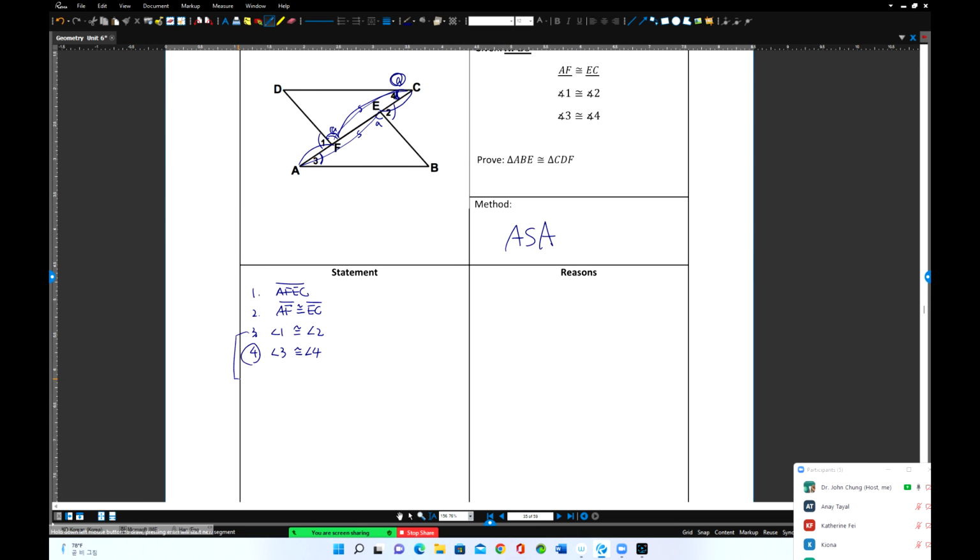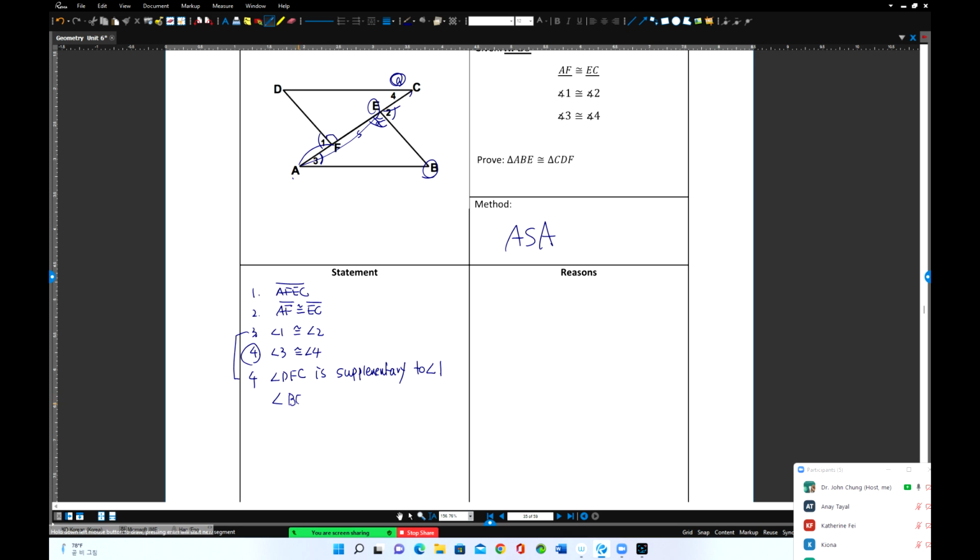Now from number 3, we have to find, okay, this angle equals this one, okay? So angle DFC is supplementary to angle 1, okay? And also angle BEF, this angle, right?